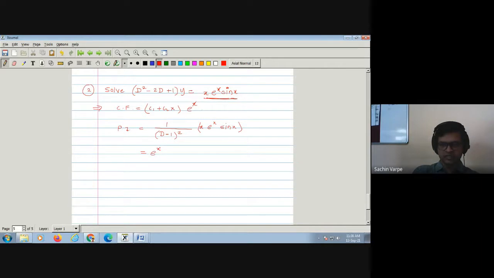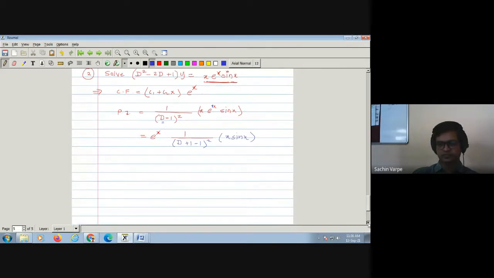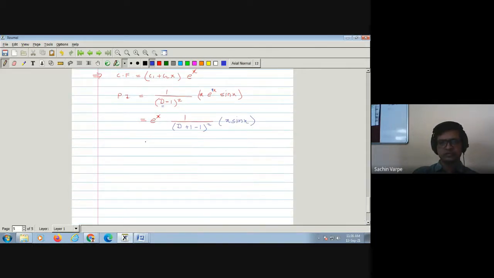When I take outside the operator, d will be replaced by d plus a, where a is 1. So d plus 1 minus 1 the whole square into x sine x. Right? So it gets easy now.